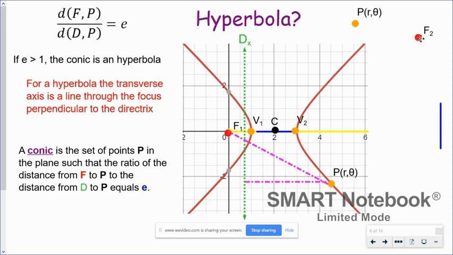So I could numerically figure out where my other focus is. I'm just going to wing it by putting it in there. And because I now have this distance and that distance, I would be able to locate exactly where my conjugate axis is, which would be the b value.